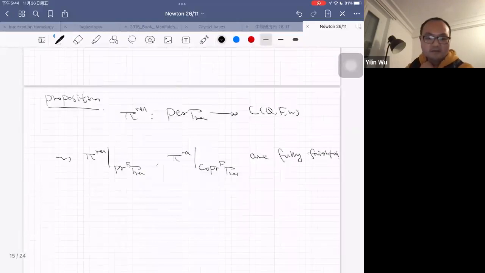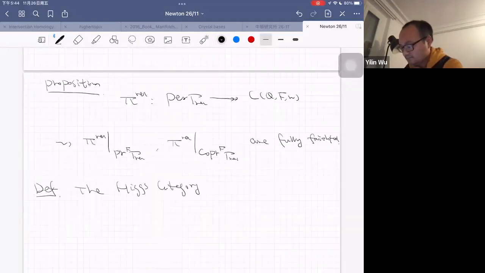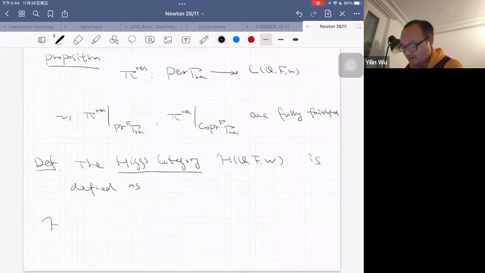So we can define the Higgs category. The Higgs category is defined as a subcategory of the relative cluster category.